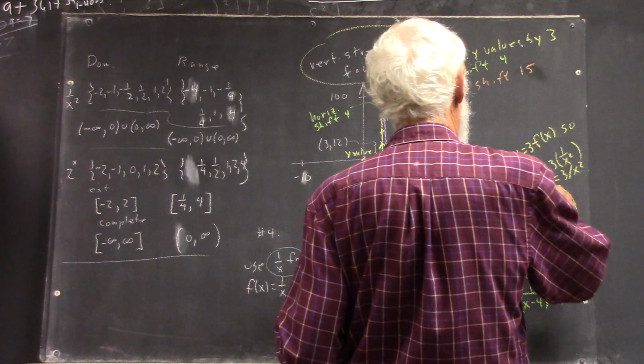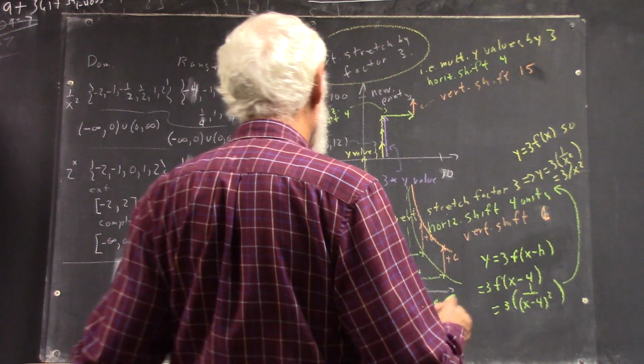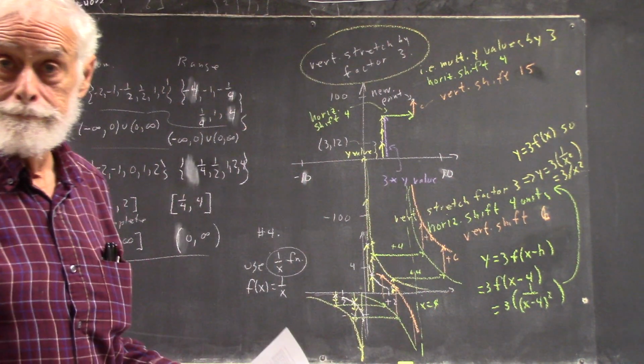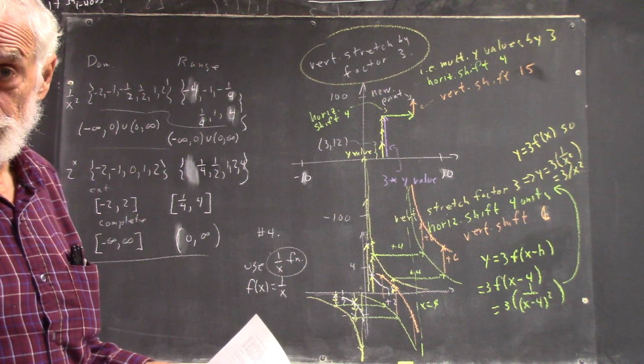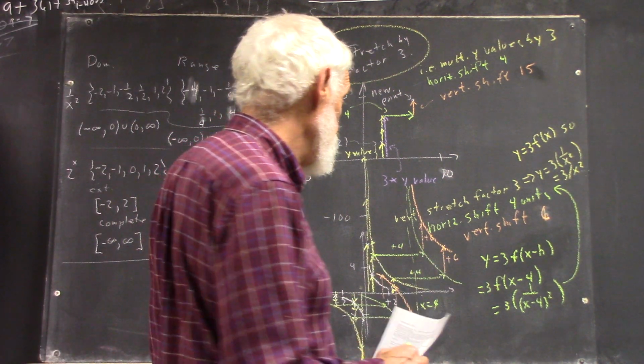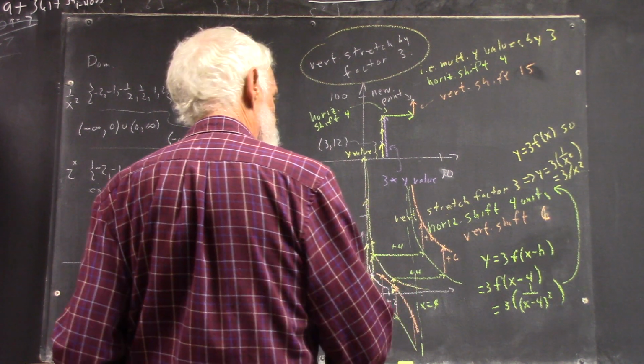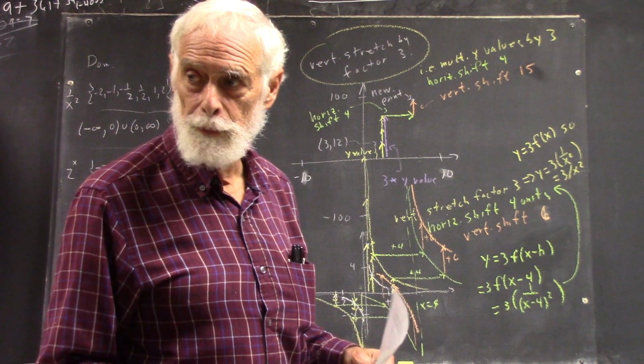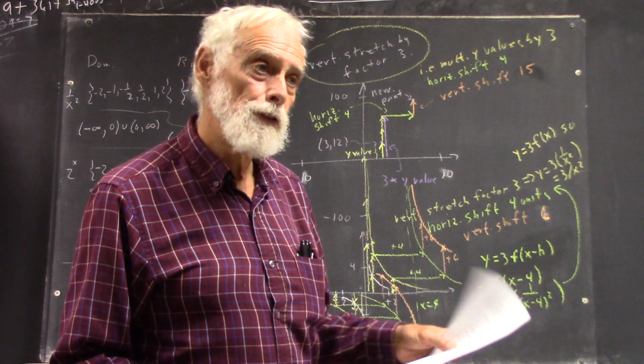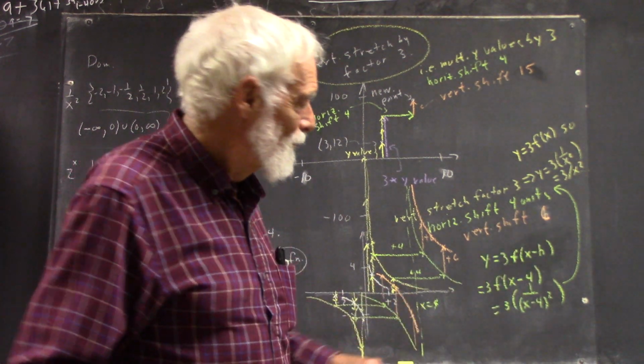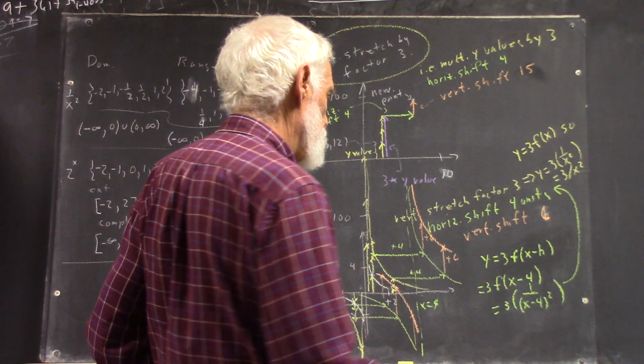Okay, so when we shift by 4 units, we replace x by x minus 4. Okay? And that's exactly what the function notation tells me. People aren't necessarily totally comfortable with function notation. We haven't done that much with it. You're supposed to know it, but it's a little tricky. So if you don't, it's okay.